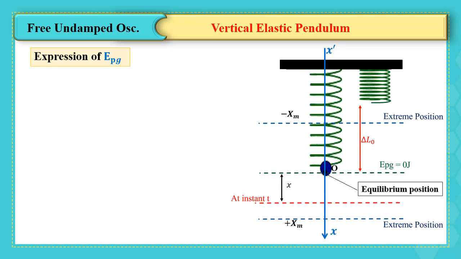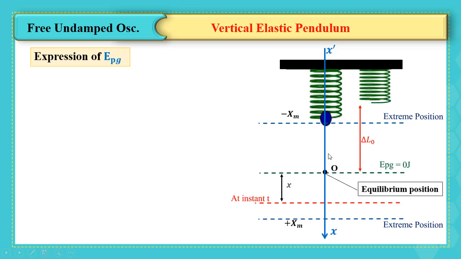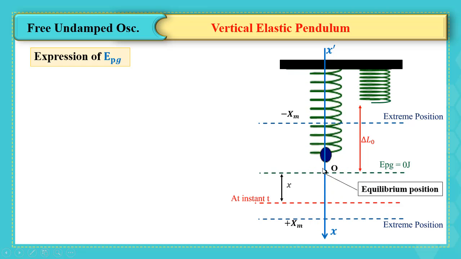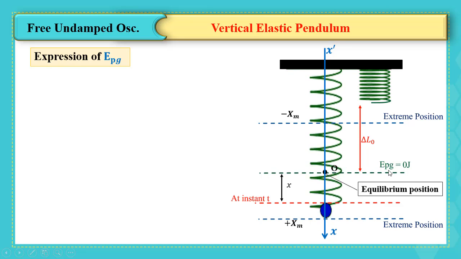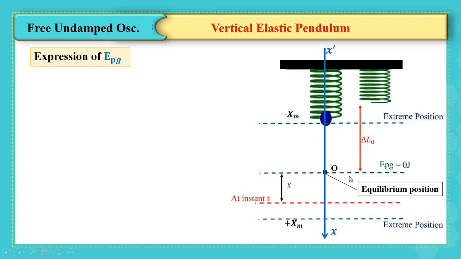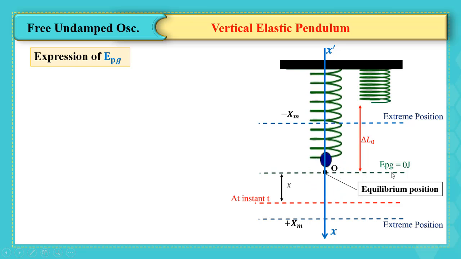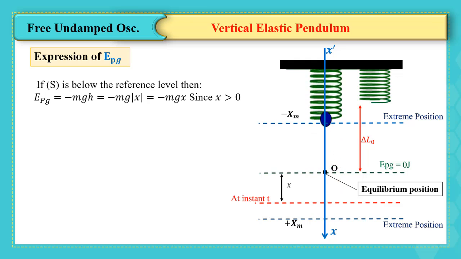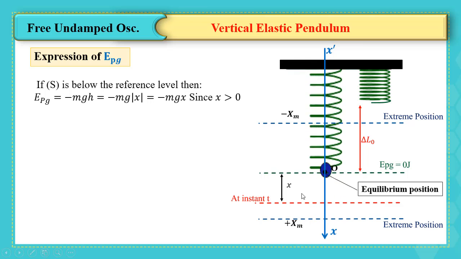We should know that the center of mass G of the solid at equilibrium coincides with the origin O of the axis of motion. Then the gravitational potential energy is 0 at O. Unlike the horizontal elastic pendulum, the gravitational potential energy plays a role in the oscillations of this pendulum. If at a time t, S is below the reference level, then the gravitational potential energy is minus mgh, which is minus mg times the absolute of x, which is also minus mgx since x is positive.